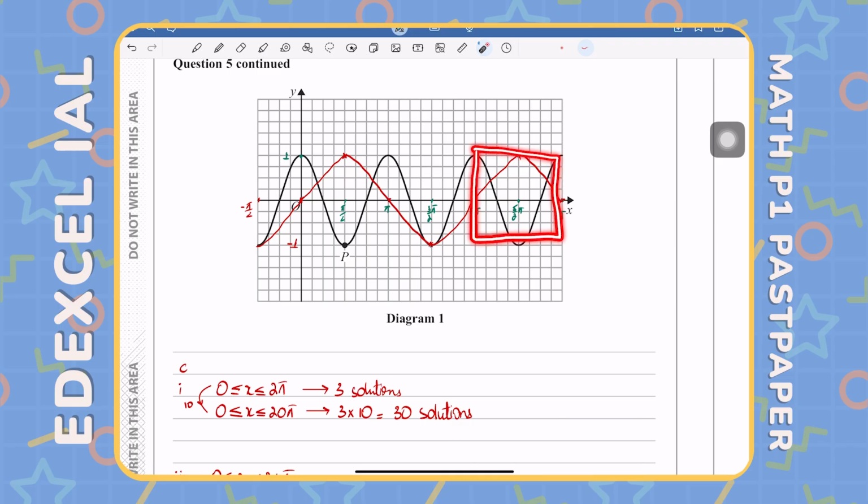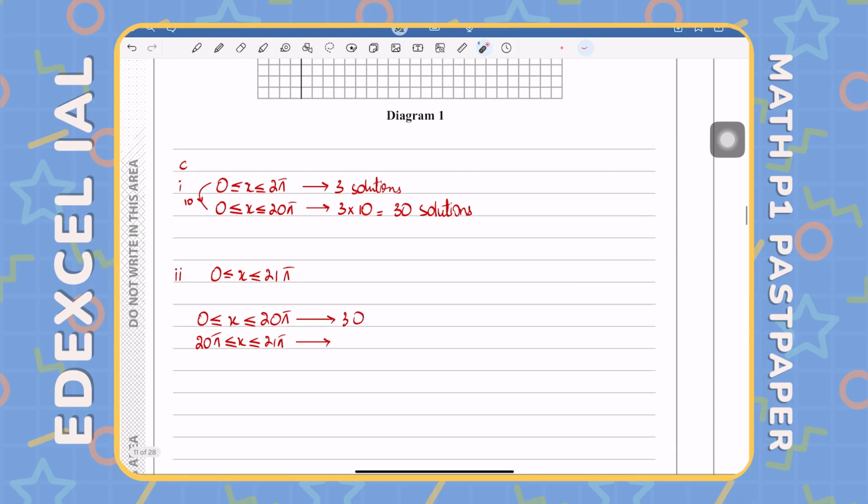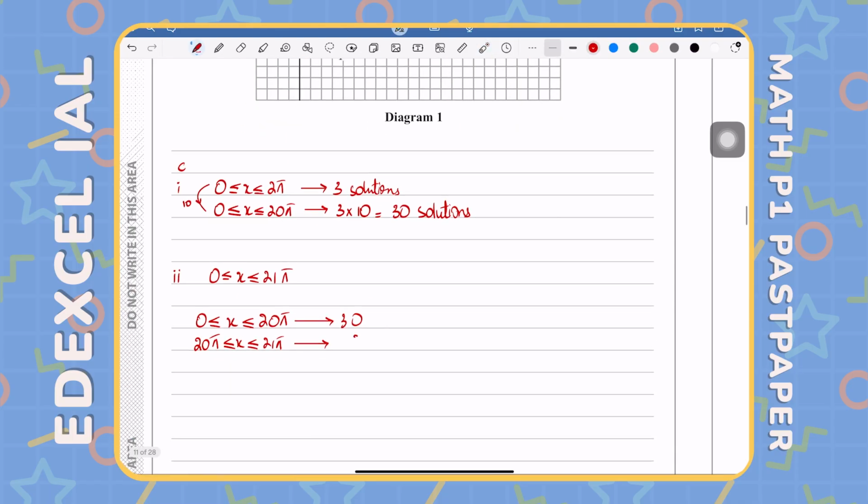Between 2 pi and 3 pi, you can see that we have 2 solutions. And because we have 2 solutions, from 20 pi to 21 pi we will have another 2 solutions. So altogether, we will have 32 solutions.